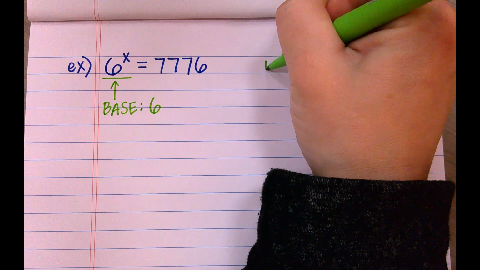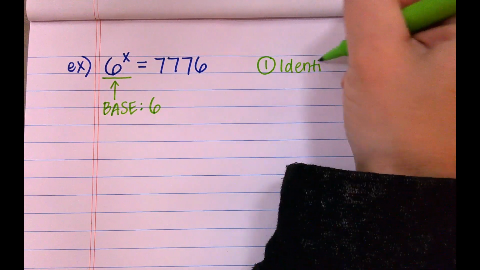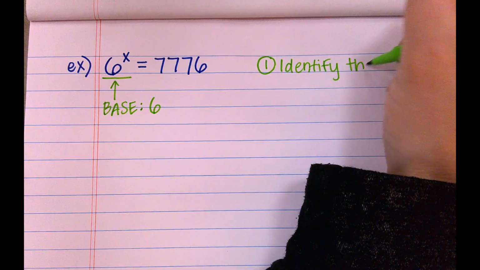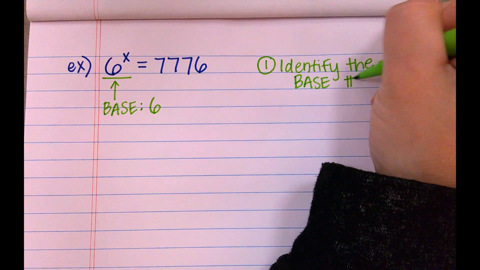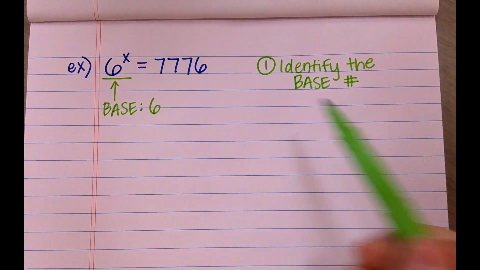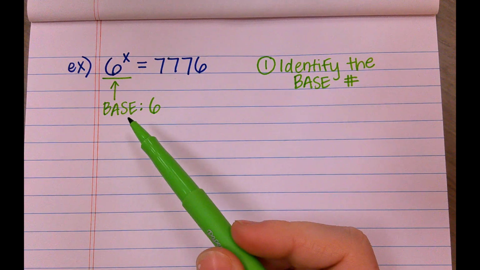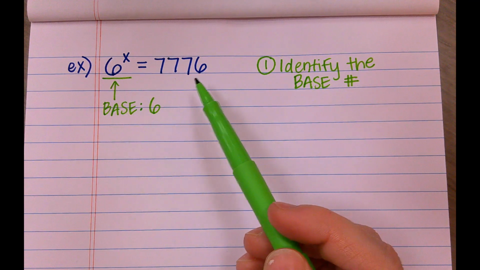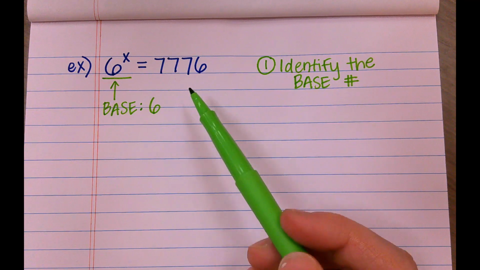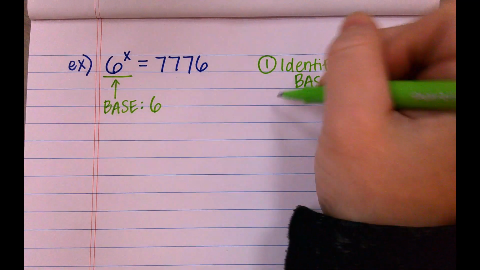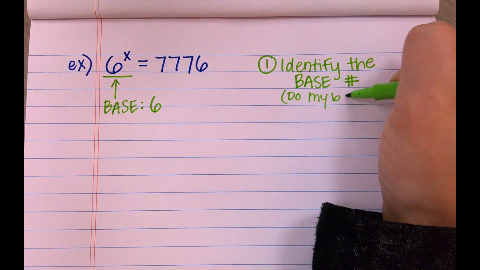So that's step 1: identify the base number. And another part of step 1 is, once you've identified the base number, see if you have the same base number on the other side. Do we? No, there's no other 6 over here. So I'm going to write in parentheses, do my bases match?